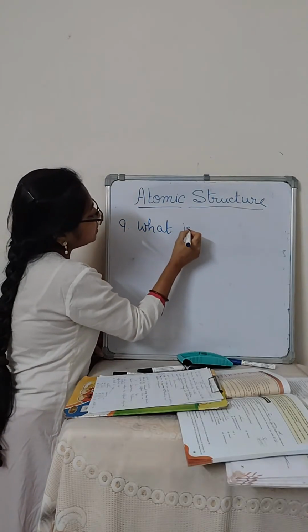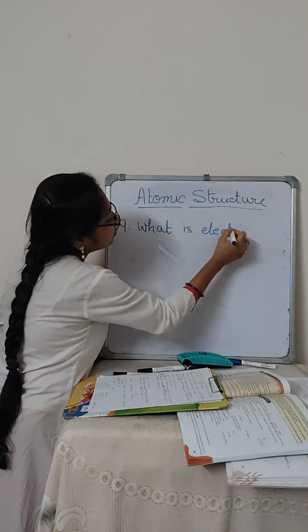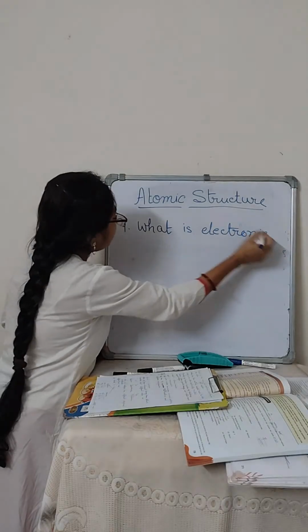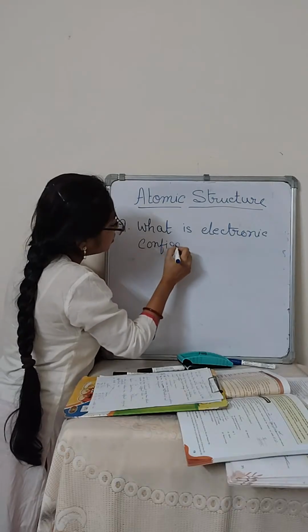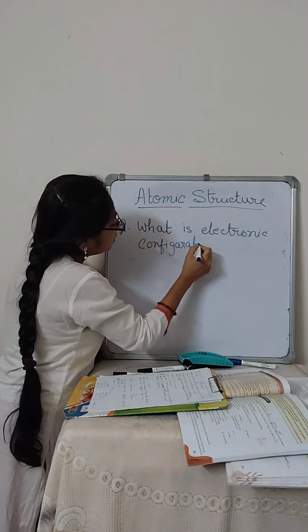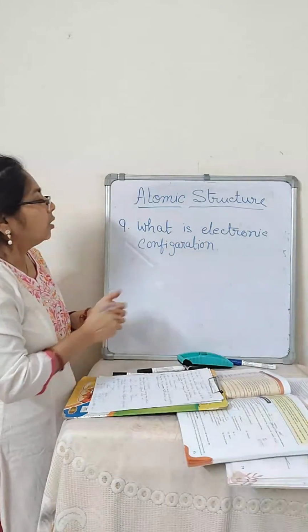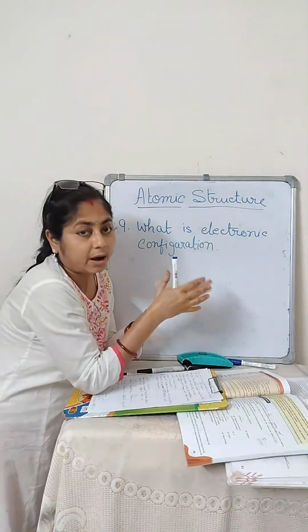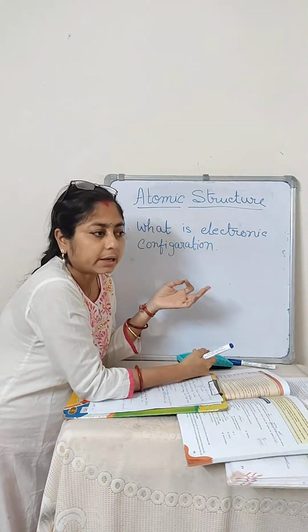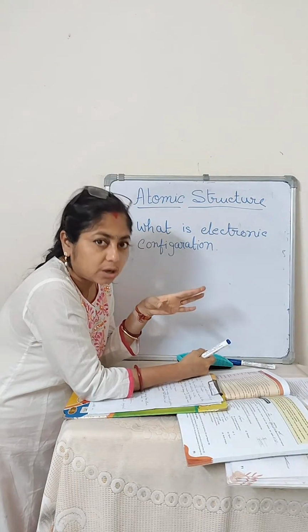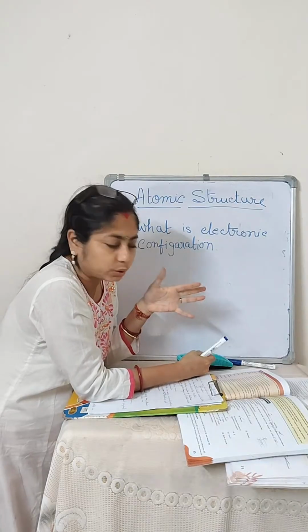What is electronic configuration? The arrangement of electrons in an atom is called electronic configuration. कैसे उसको arrangement होता है?